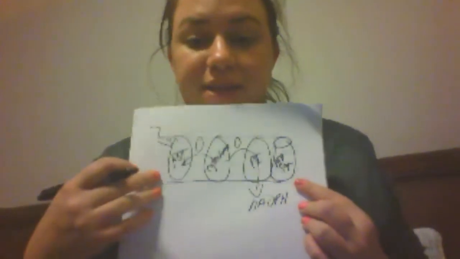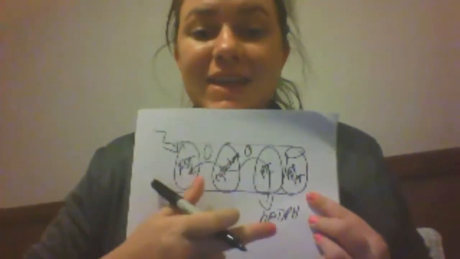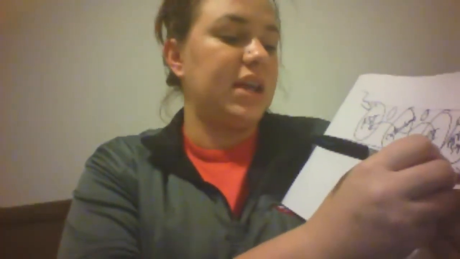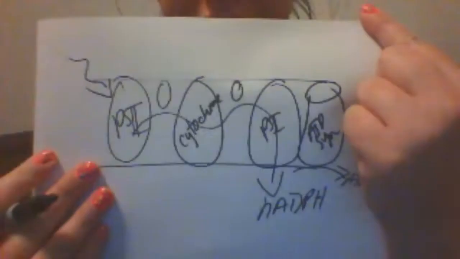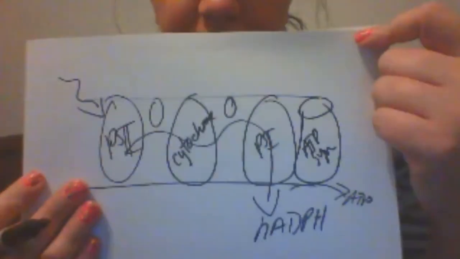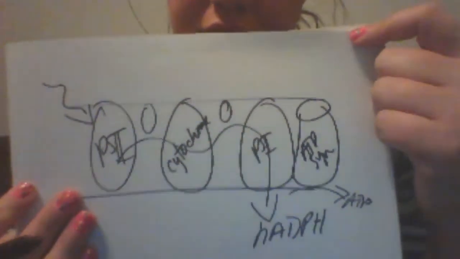In a non-cyclic, we utilize all proteins, we make NADPH, and we make ATP. This is a healthy plant. This is a healthy environment. Cyclic, however, will happen when there isn't enough water available.